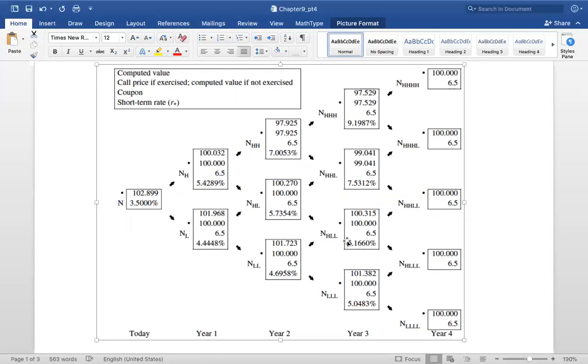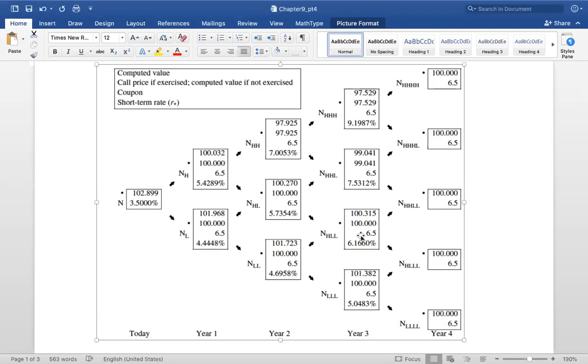Therefore, 100 is shown as the second value at the node, and it is this value that is then used in the backward induction methodology. So when we calculated this 100.27, instead of considering 100.315, we considered 100 as the value because this issue would be called here. It's the same backward induction methodology, only we use the call value when the price is above the call price.